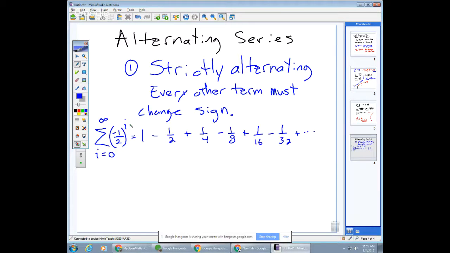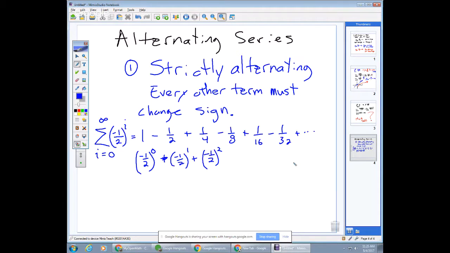Right, so if i is 0, I get -1/2 in parentheses to the power 0. Any non-zero term to the power 0 is 1. Okay, when i is 1, I get a plus -1/2 to the 1, and then a plus -1/2 squared. And so the powers are killing the sign because they're even powers every other term.